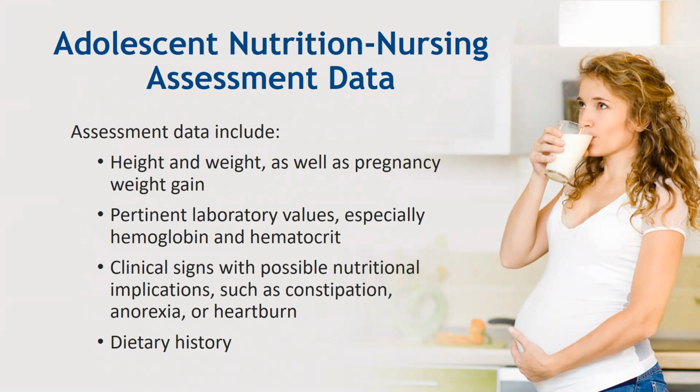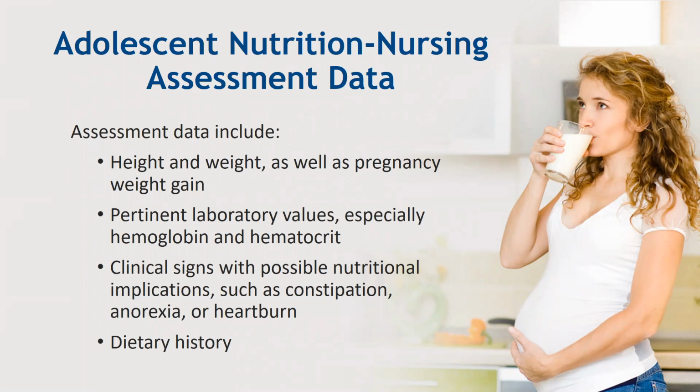Assessment data for adolescents who are pregnant related to nutrition. We need to know their height and weight in order to determine how much weight gain they will need during their pregnancy. We need to look at important lab values that tell us about their nutrition, such as their hemoglobin and hematocrit.